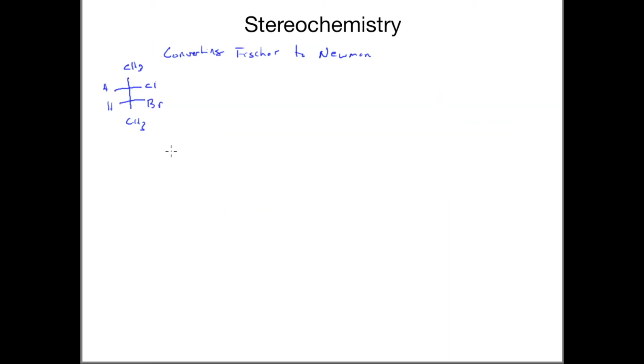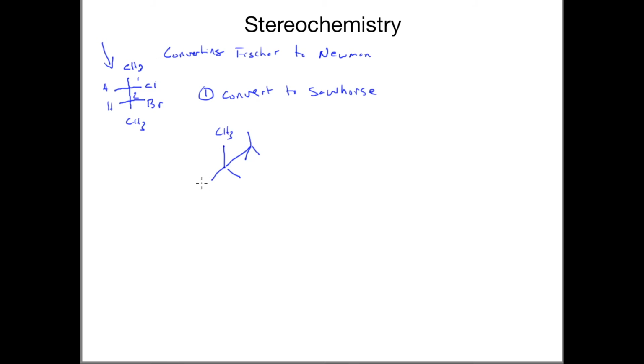Now, if we want to look at a Fischer projection and convert this to a Newman projection, the number one step is to convert it to a sawhorse. We're going to view down this bond, and if you remember the way that a sawhorse looks, you can see that we have these two carbons here.